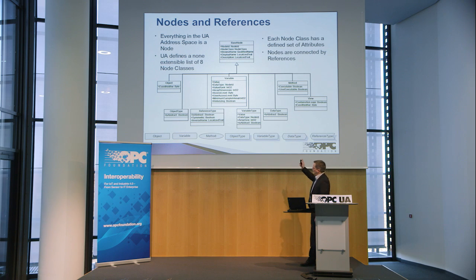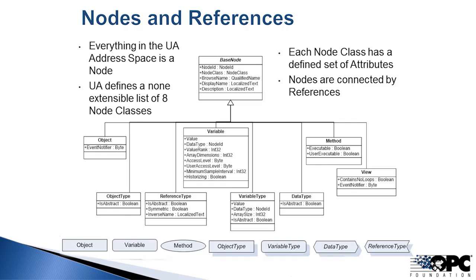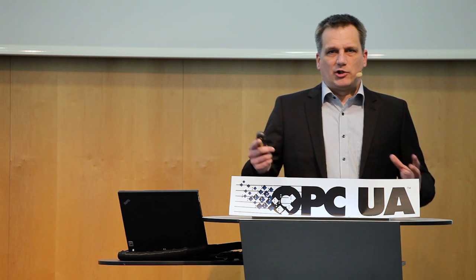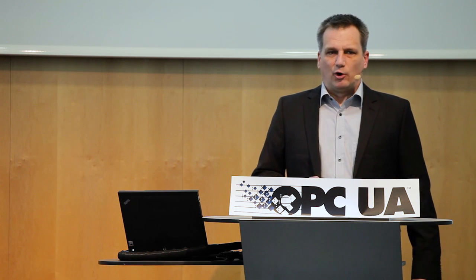The types are the ones with a shadow underneath to see the difference between a type and an instance. All the objects and all the nodes inside the address space of an OPC server are then interconnected with references. So references are like pointers pointing to another node. And with those references, we can now model all the relationships between the different nodes inside the address space.